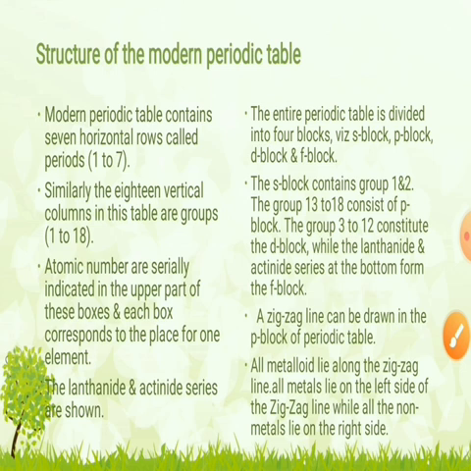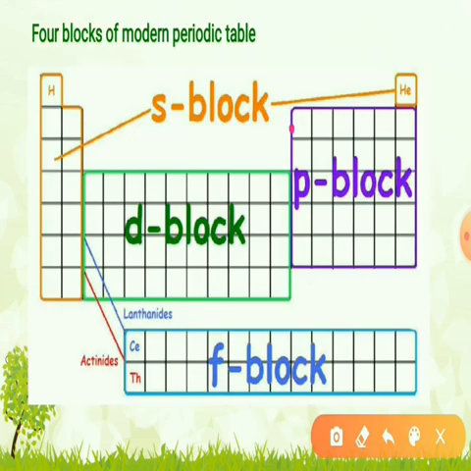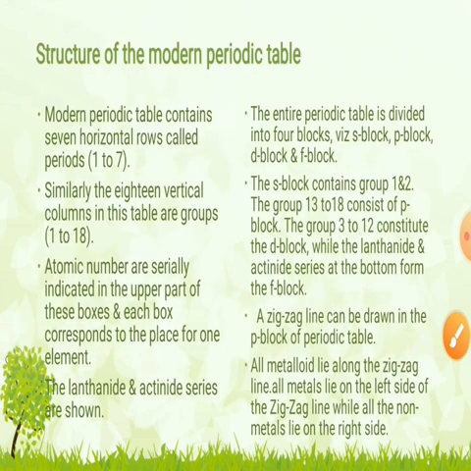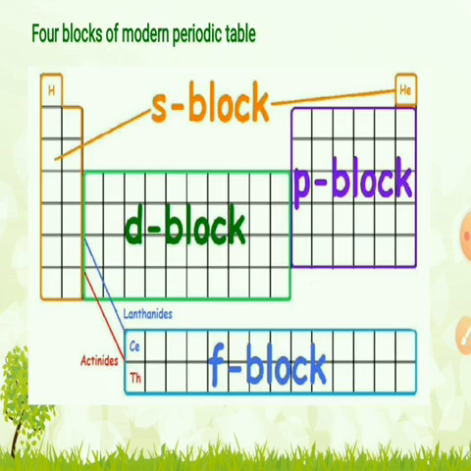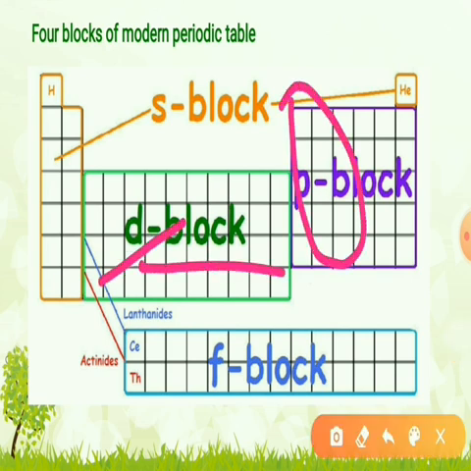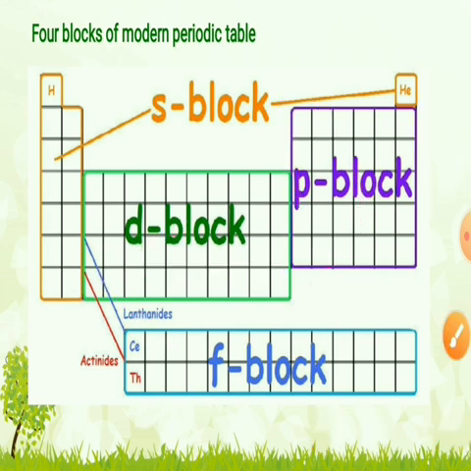A zigzag line can be drawn in the P block of the periodic table. All metalloids lie along the zigzag line. All metals lie on the left side of the zigzag line, while all the non-metals lie on the right side. See here, this zigzag line divides the metals on the left from the non-metals on the right-hand side.